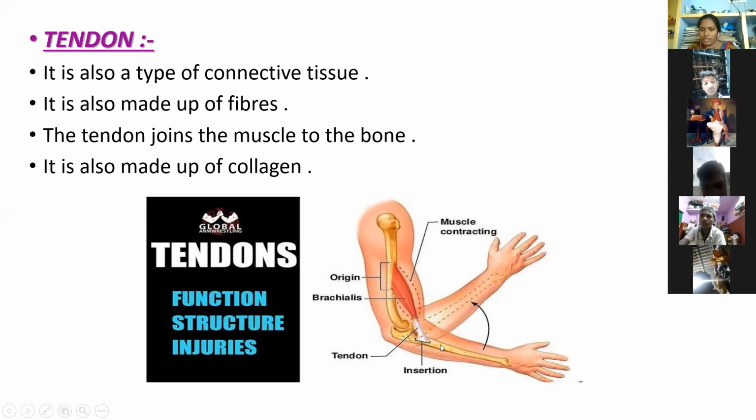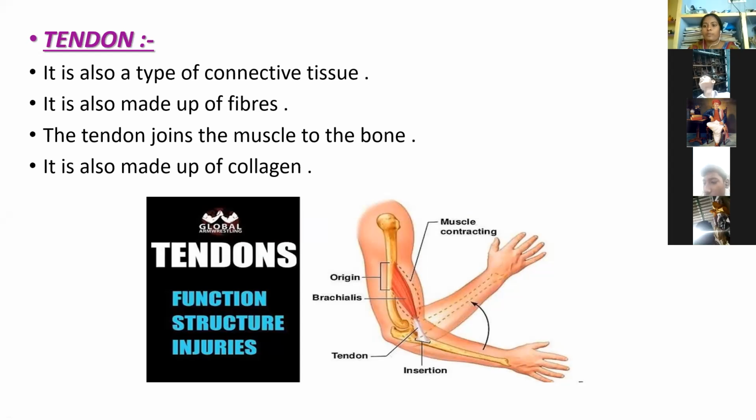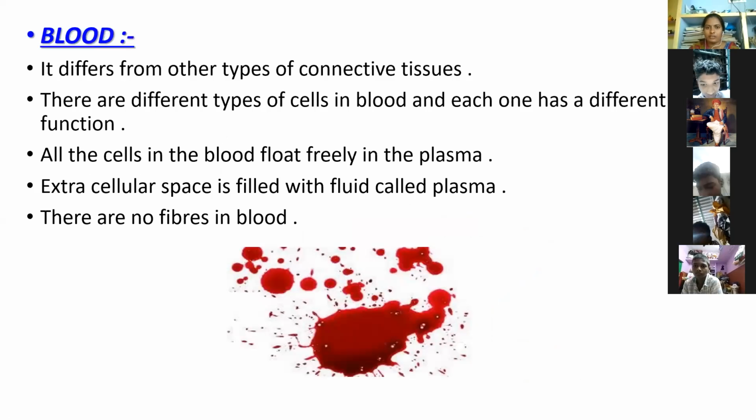And it is also made up of a protein that is called collagen. Ligament and tendon, these two connective tissues are made up of a protein called collagen.